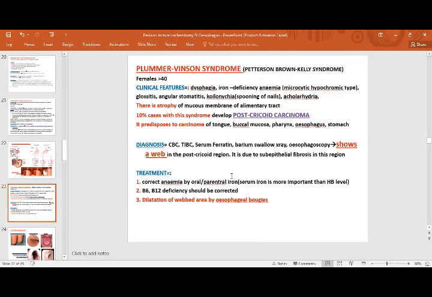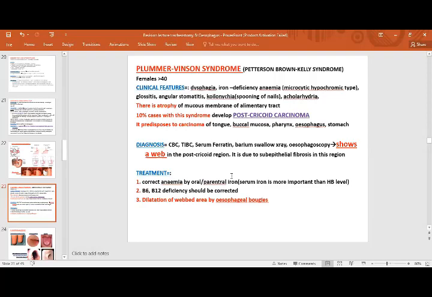So, Plummer-Vinson syndrome, again, comes a lot of times in our paper in the form of SAQs, and it can also occur in the MCQs. Plummer-Vinson syndrome, which is also called Paterson-Brown-Kelly syndrome, predominantly occurs in females more than 40 years of age.